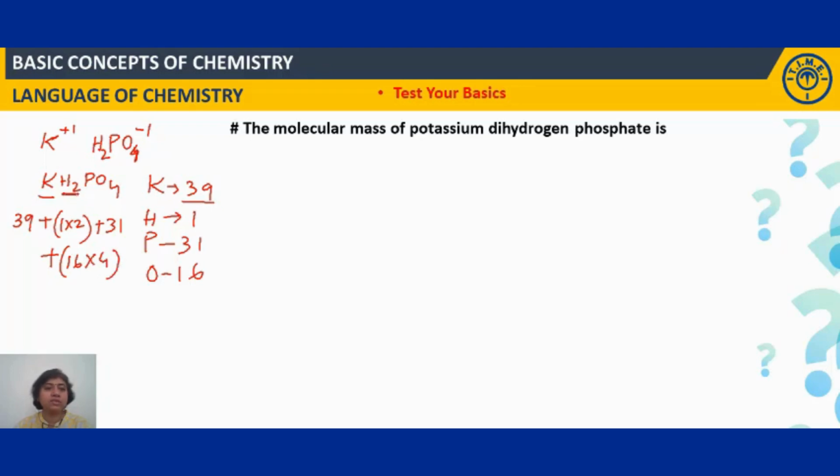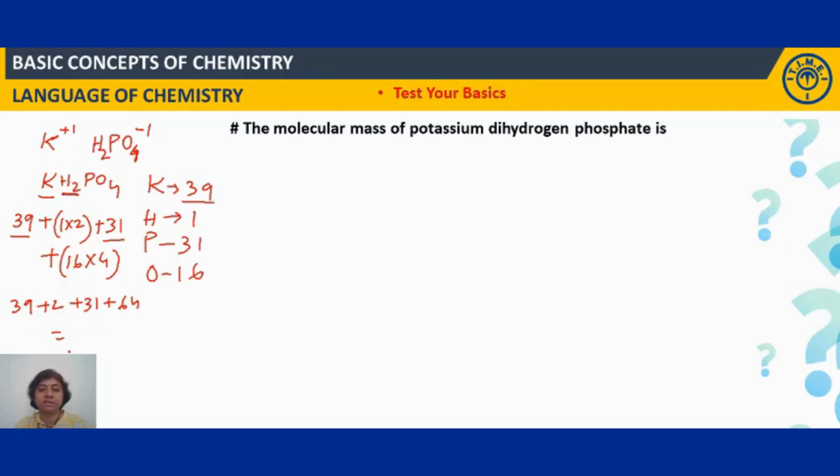So you can see hydrogen 2 atoms are there, so we have multiplied by 2. Oxygen 4 atoms are there, so we have multiplied by 4. But potassium and phosphorus only single atoms are there, so 39 and 31. Then we have to add all. But before that you have to do the multiplication part. 39 plus 2 plus 31 plus 64.